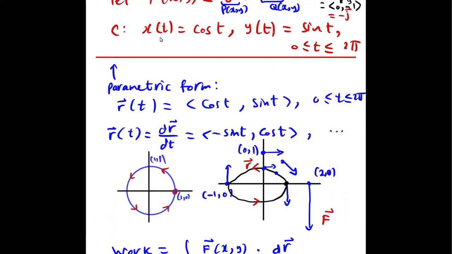This is the position vector of the curve, the equation of the curve given by parametric equations or vector equations, as you see. So what to do now?